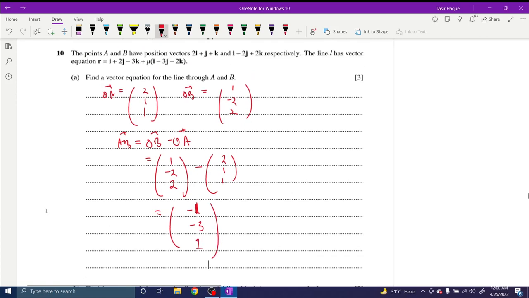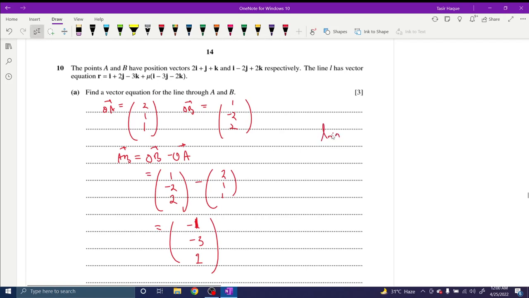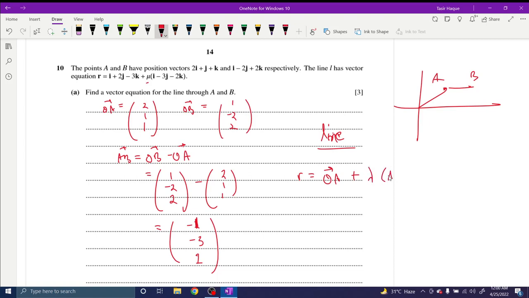Okay, now let's find out the vector equation of the line. We typically represent it using r. So r is equal to, what's it going to be? If we draw the diagram like this, A, B, the position vector of A plus a constant. We can't use mu, okay? You can use lambda multiplied by the direction vector AB.